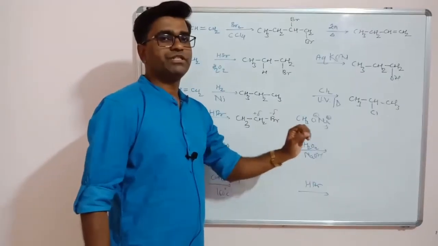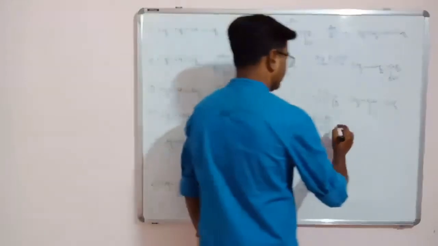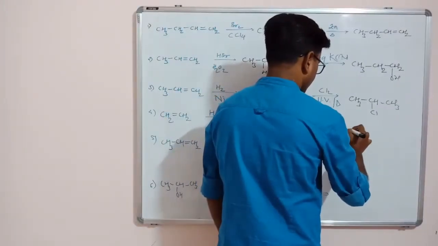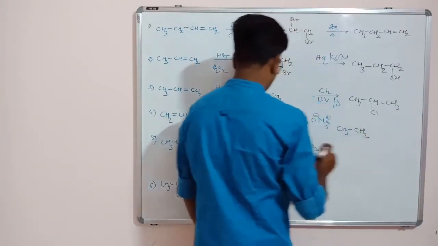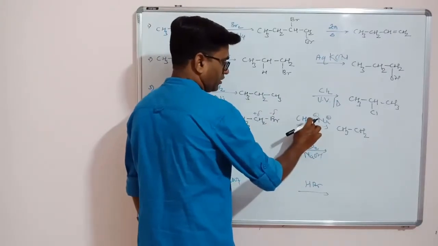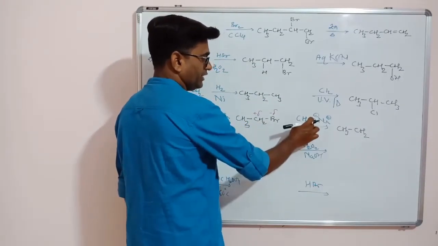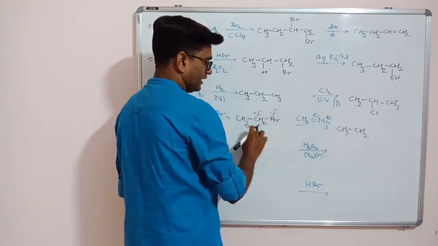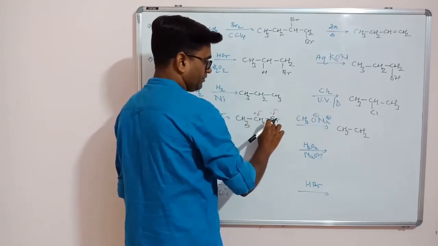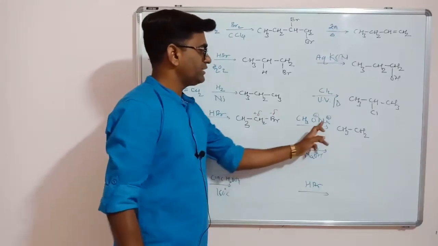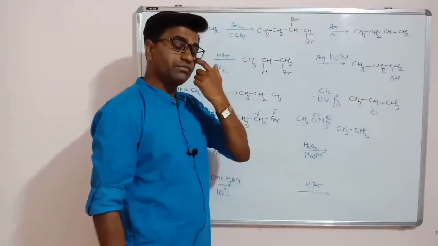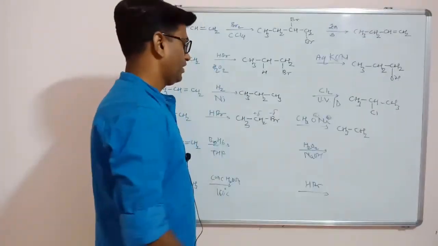It's a substitution reaction. So the product will be CH3 CH2, and instead of Br you should write oxygen and CH3. CH3 does not attack; the oxygen has the negative charge, so that negative charge attacks here and this Br minus will leave. Br minus and Na plus form a byproduct, that is NaBr.